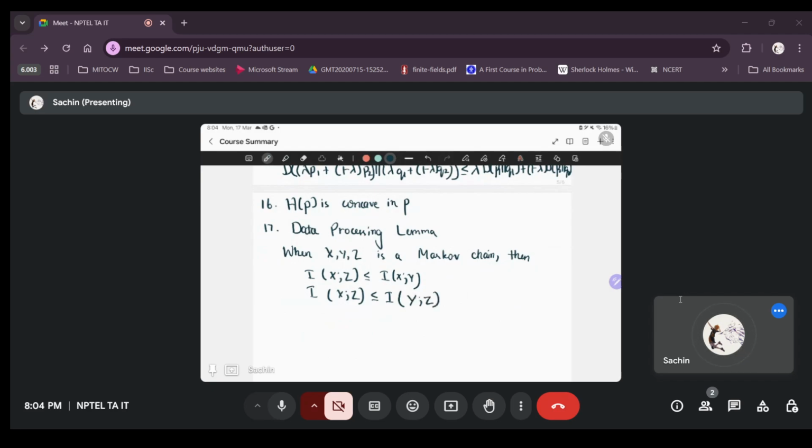So mutual information between the variables at the ends of the Markov chain is less than or equal to mutual information between any variable at the end and the middle variable.